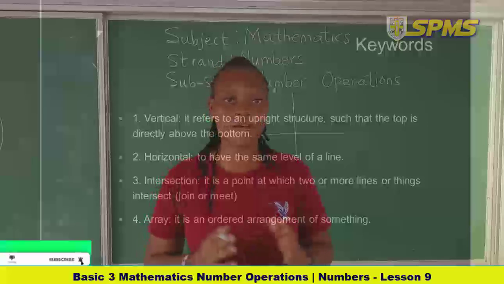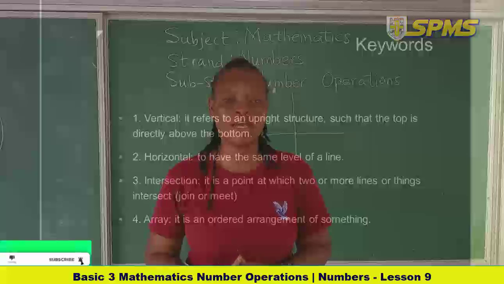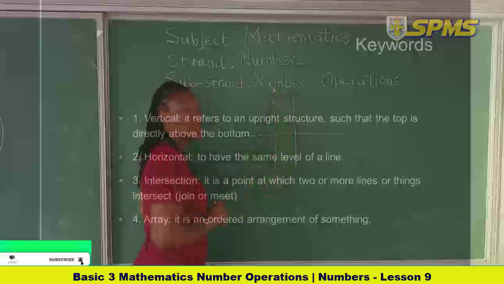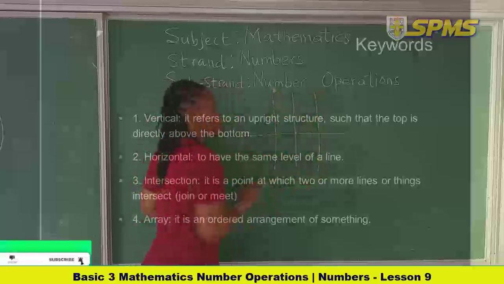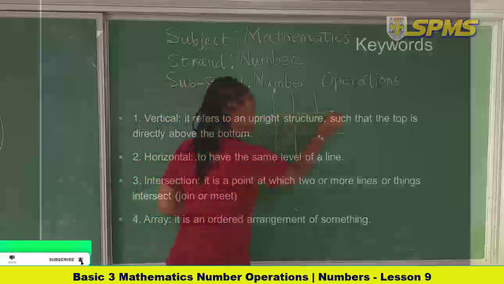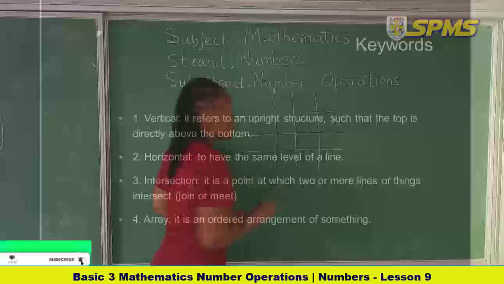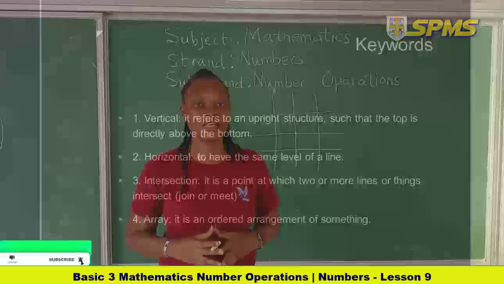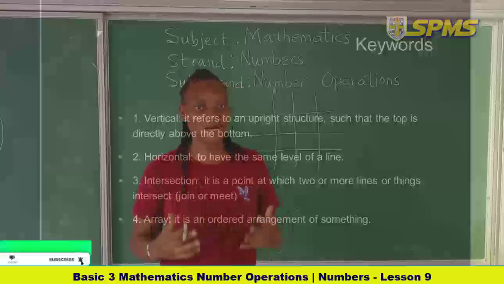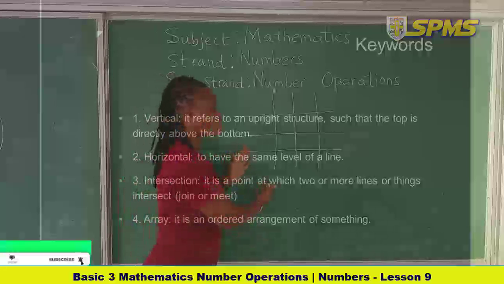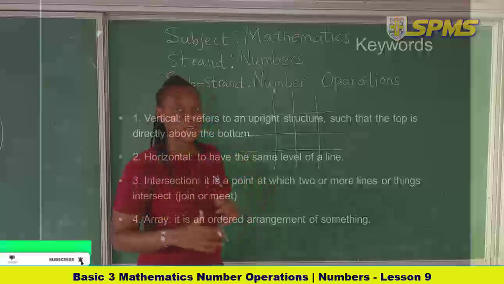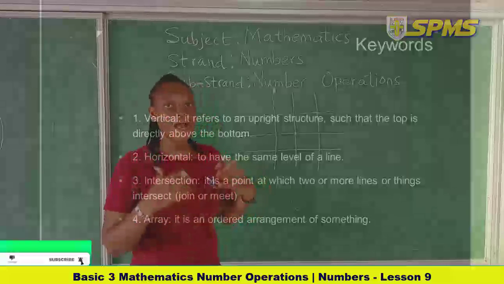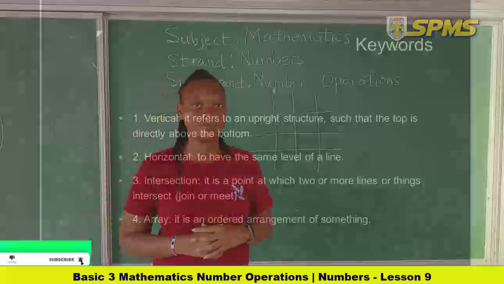So when you have an arrangement of something in an organized way, for example, when I add another vertical line this way, another one this way, and then I put across a horizontal line, I have arranged the vertical and the horizontal lines in an organized manner. This is what we mean when we say array.